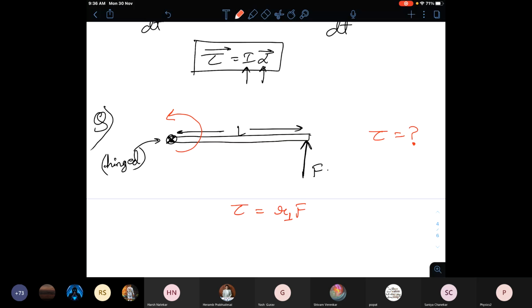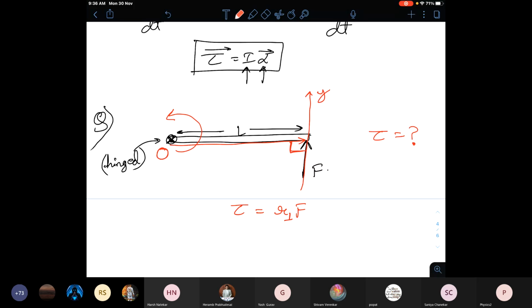So r perpendicular, if you see here, f is in the y direction. Let's suppose the hinged point is point O. From point O, the perpendicular distance of the force is this length.